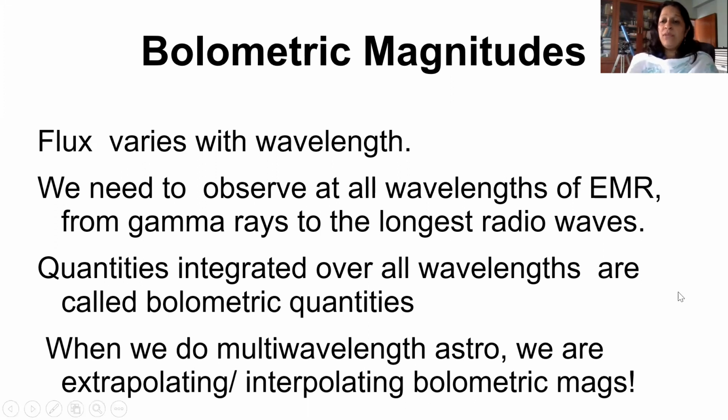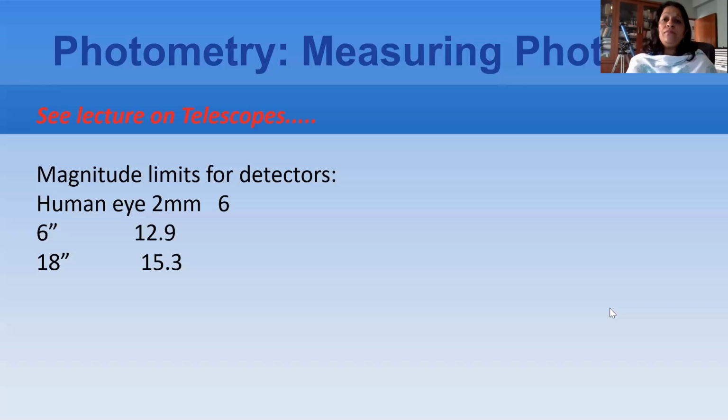And therefore, one of the things we do is what is called multi-wavelength astronomy, where we measure the brightness of an object in various wavelengths, and we use that to extrapolate or interpolate and get what we call the bolometric magnitude. By that we mean the total amount of brightness coming from a star in all wavelengths. So that's what we call bolometric magnitudes.